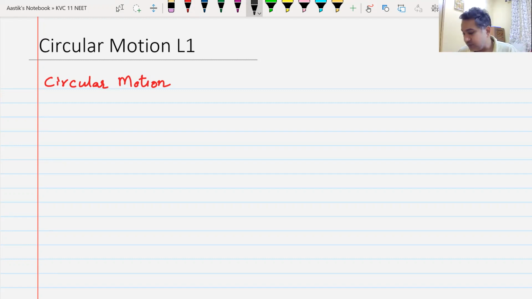If any particle moves on a circular path or circular track, that is circular motion. But instead of saying it in this way, we can say it in a different way.